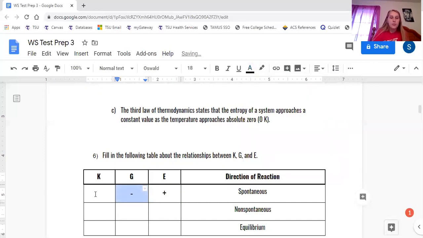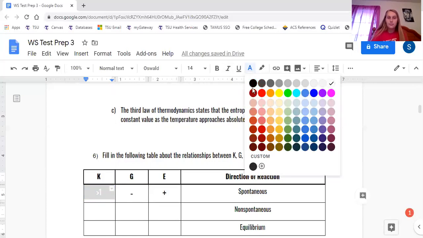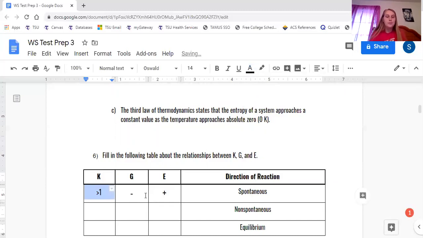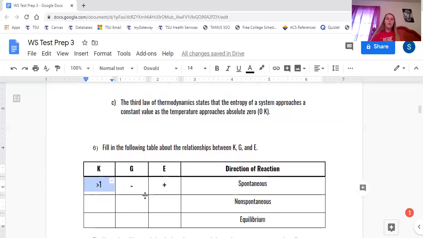So then our K value is a little bit different. If our K value is greater than 1, that's going to mean it's spontaneous.